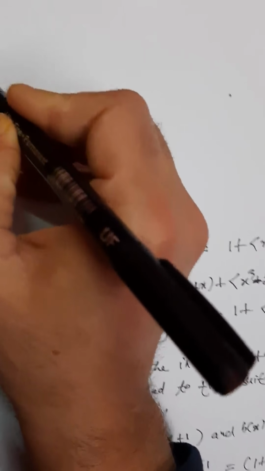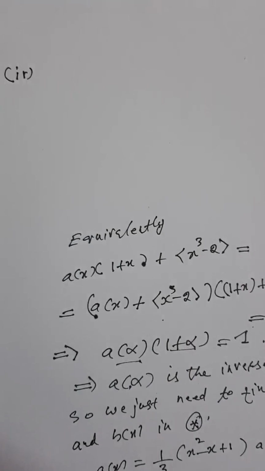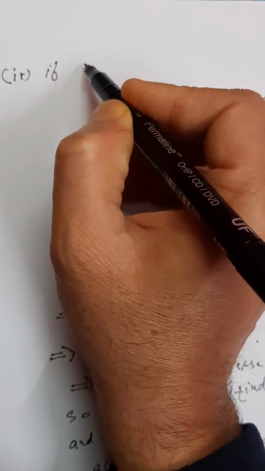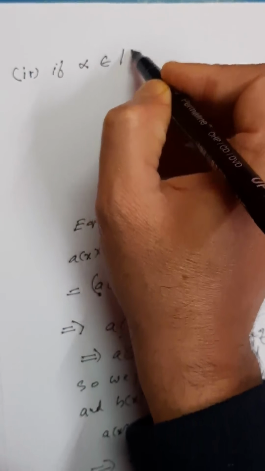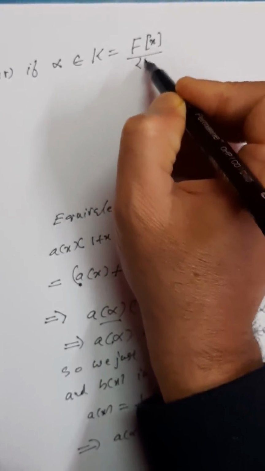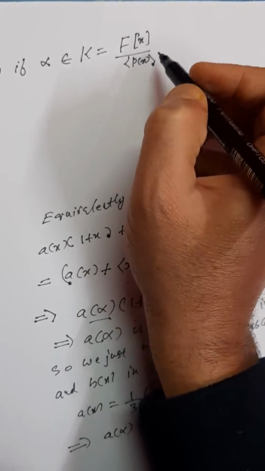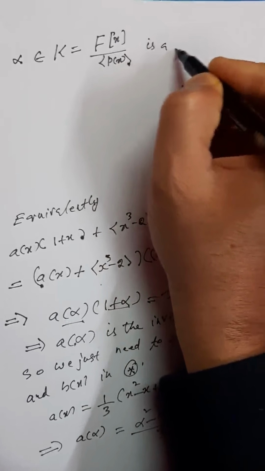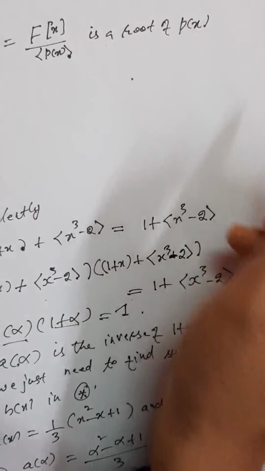Fourth part, in general, if alpha belonging to K, which is F[x] over the ideal generated by p(x), where p(x) is the irreducible polynomial and alpha is a root of p(x).